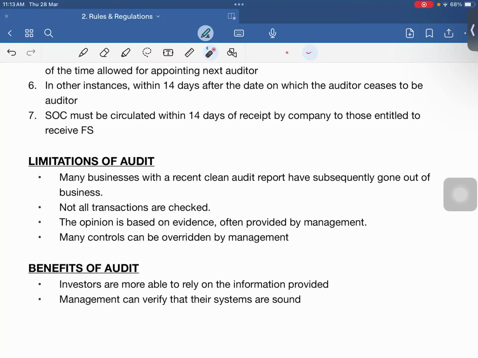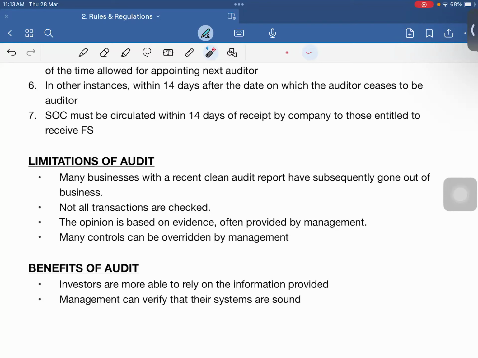The public will question, if the company has ceased, then why did the auditor not mention that? Why didn't the auditor see that this company is not a going concern? Understood?